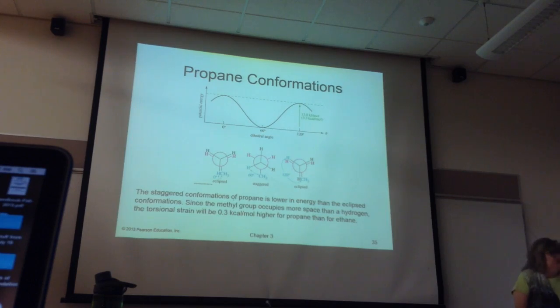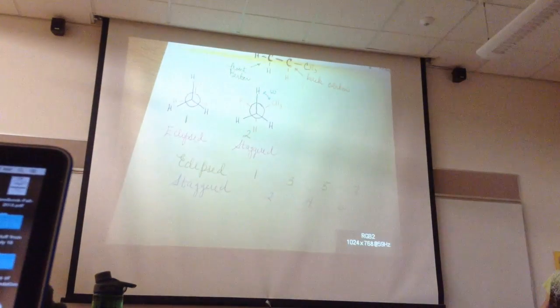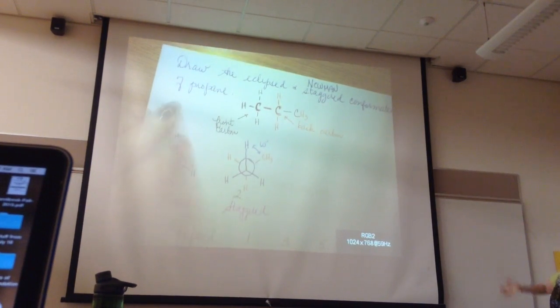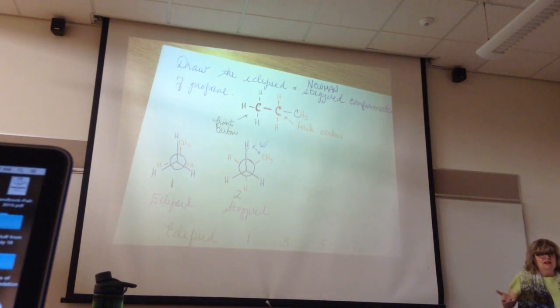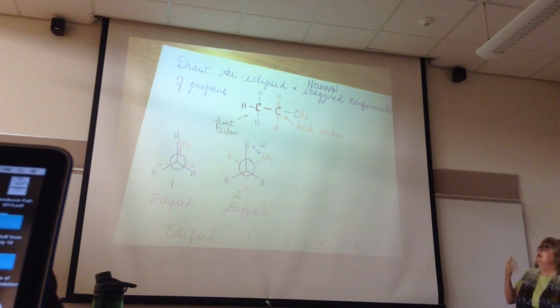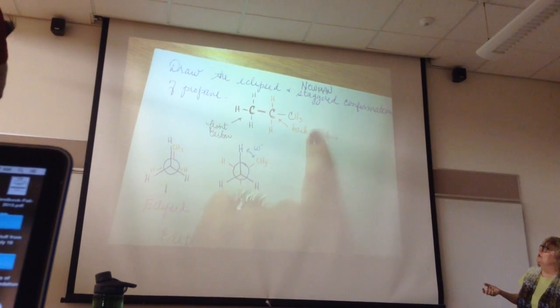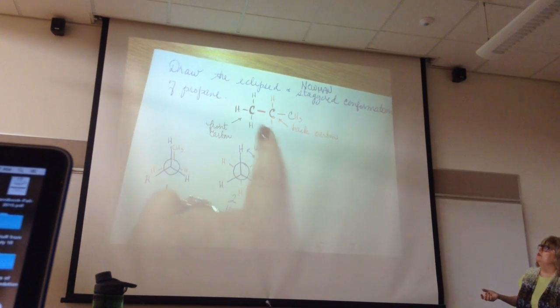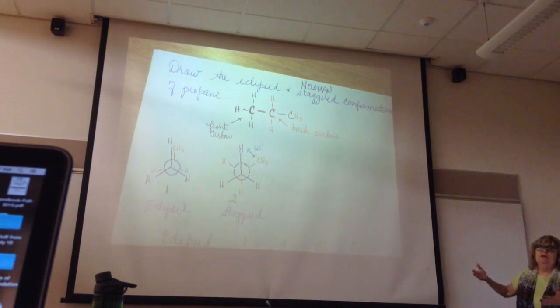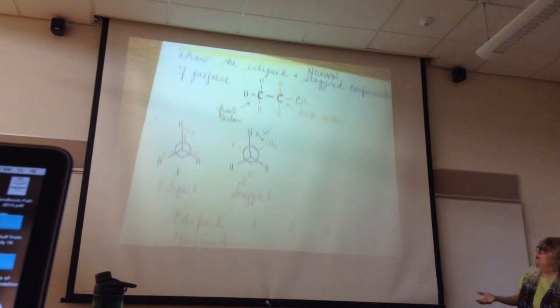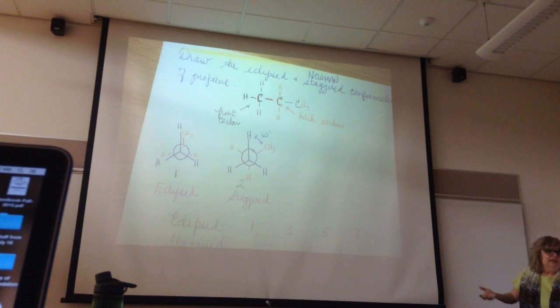So if I go to butane, can you imagine how boring this is going to get? If I go to butane and you add another carbon here, and you're looking through the front and the back, what will be the difference in your structures? Exactly.